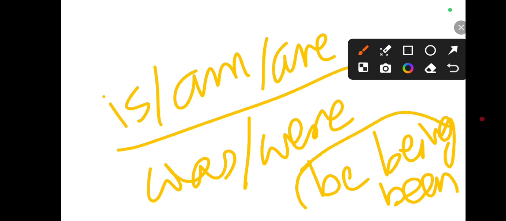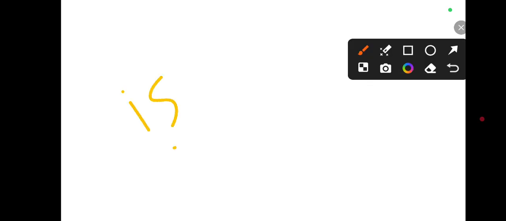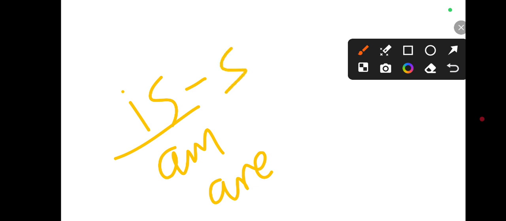This is called be form. So for present continuous we use is, am, are. Is for singular, am exclusively for I, and are is for plural.